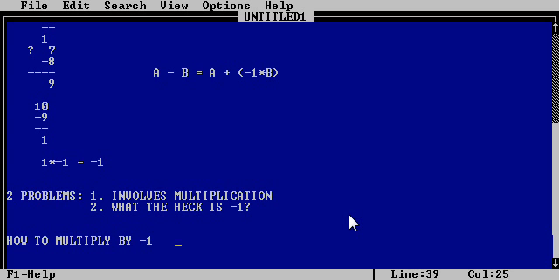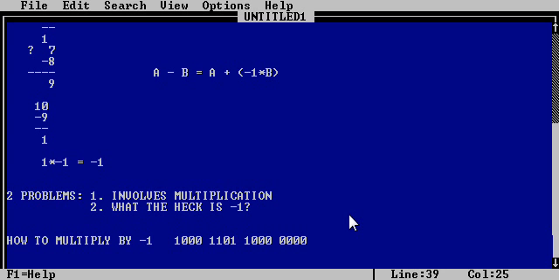Most people, when I ask how you are going to represent a negative number on a computer in a limited number of bits, will tell you, okay, make the top bit, if the top bit's 1, it's negative, and if the top bit is 0, then it's positive, and do everything else the same.